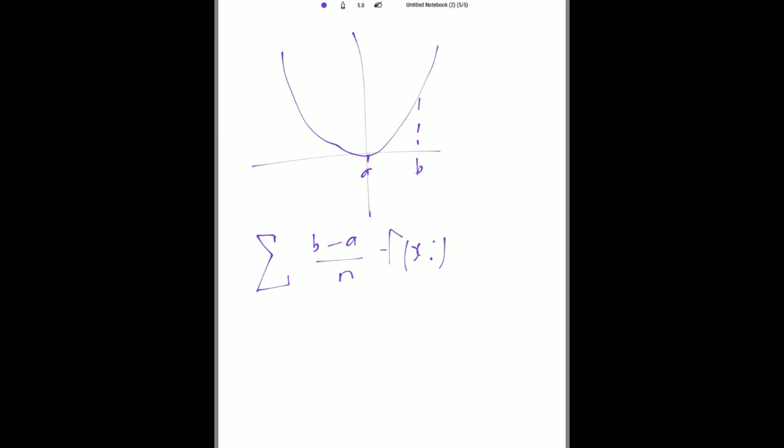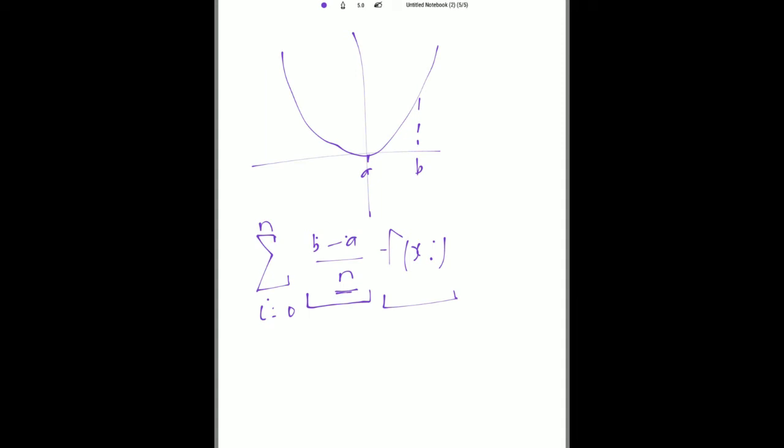Here the base of each rectangle would be given by the distance from A to B, divided into n rectangles. And then the height would be f of x. And the product of those two will be the area of each rectangle. So summing that from i equals 0 to n, we will have the entire area under the curve.